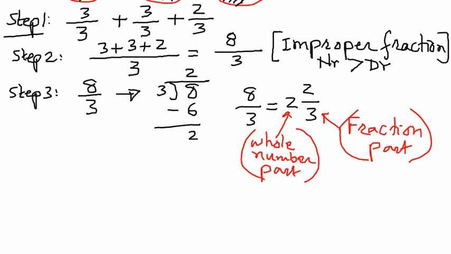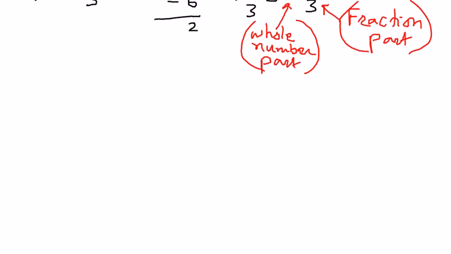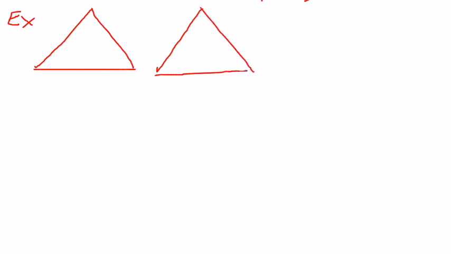So let us take another example, and in this example, let us try to illustrate a mixed number. I want to take triangles this time. Instead of circles, I'm going to take triangles. Let's say I have three triangles like this: triangle 1, triangle 2, and triangle 3.